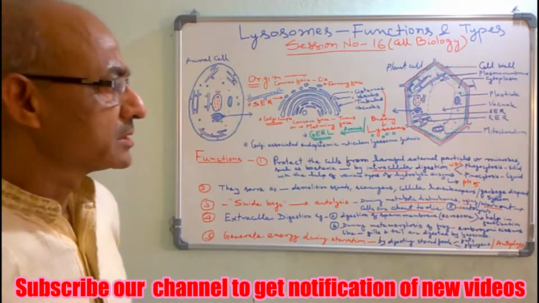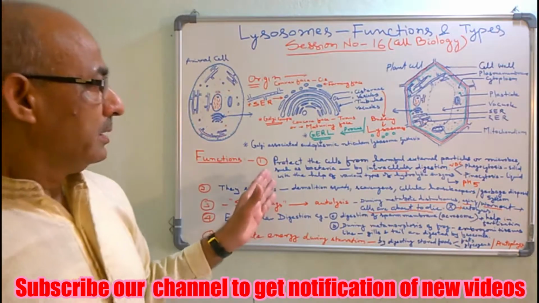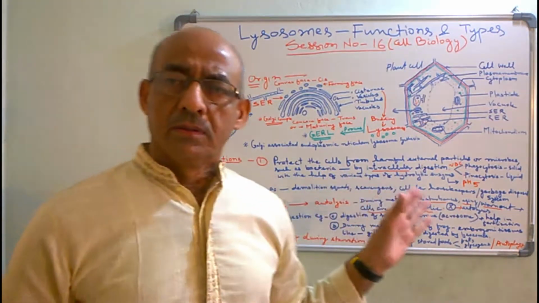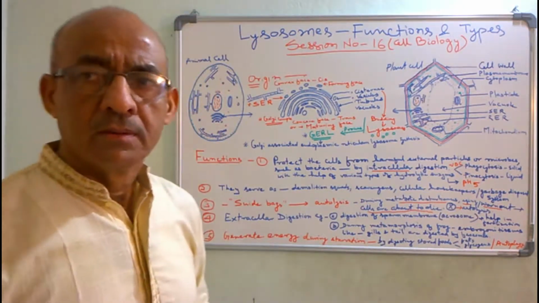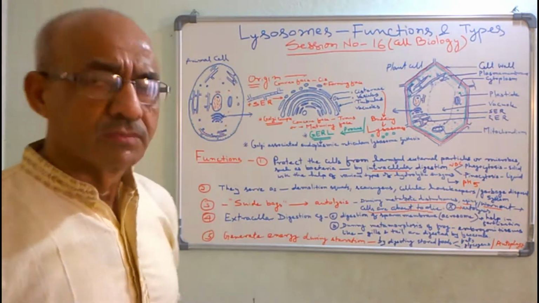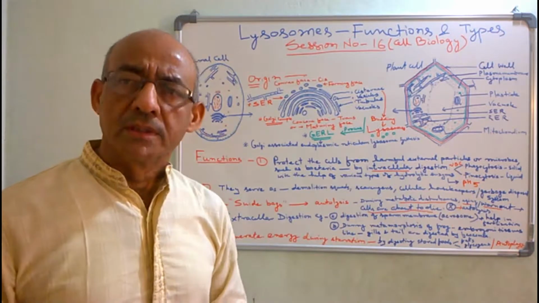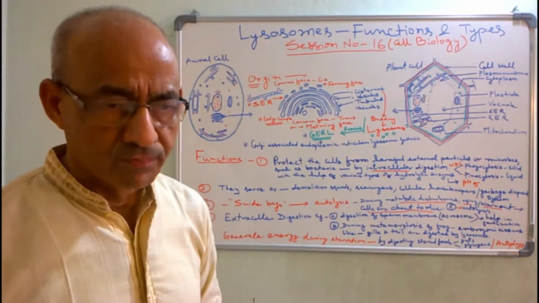This complete process is called pinocytosis. In this way, the lysosomes protect the cells from harmful external materials and microbes which enter into the cells.